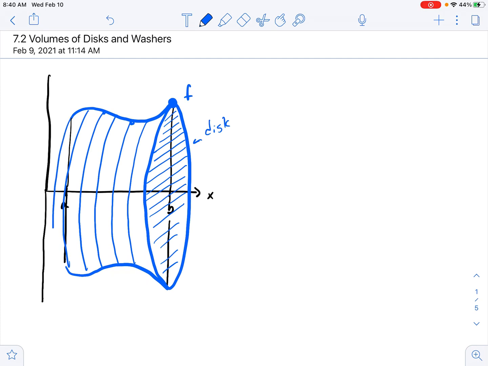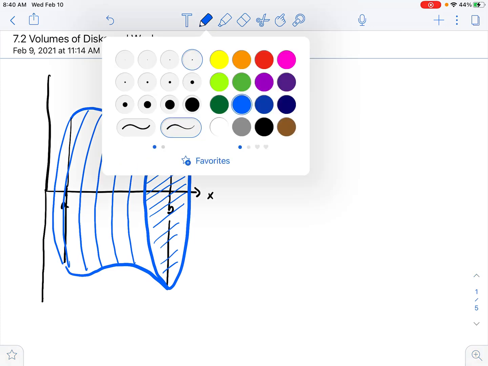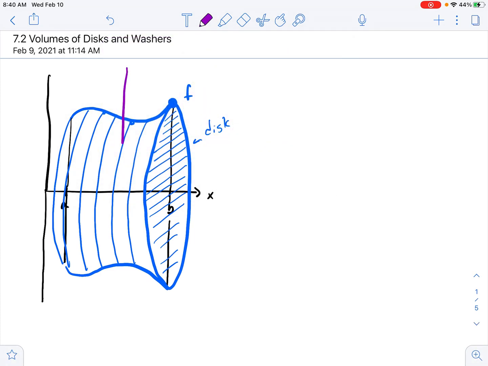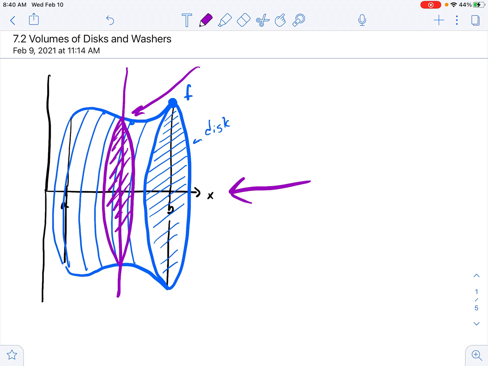And now the idea is having an understanding that we're dealing with this particular shape. Basically, if I were to slice this thing in half right here and then rotate it and look into the side, I'm still going to be looking at what shape? I'm always going to be looking at some sort of circular shape as I look in from the side of this thing. Those are called the disks, and so the way we think about this is there's an infinite number of these disks stacked together that create this solid region.